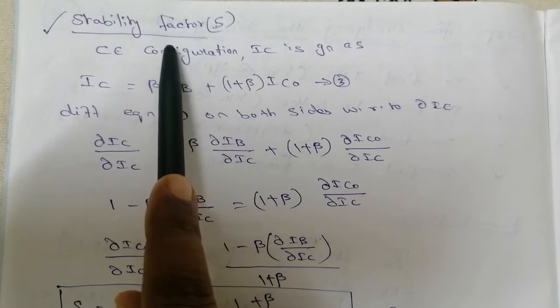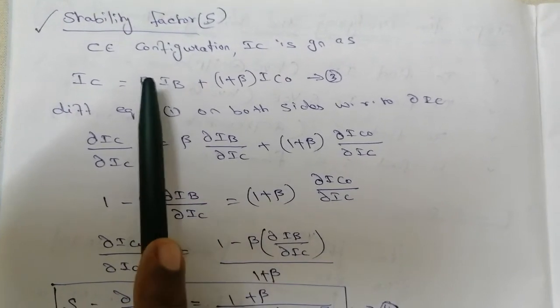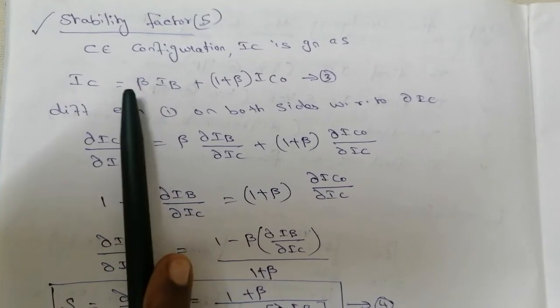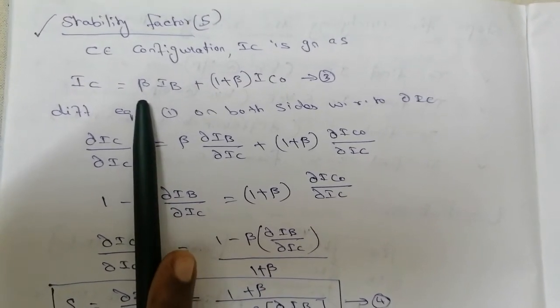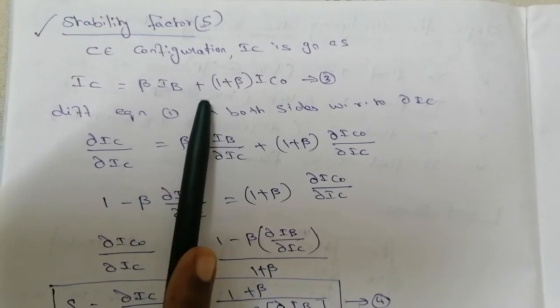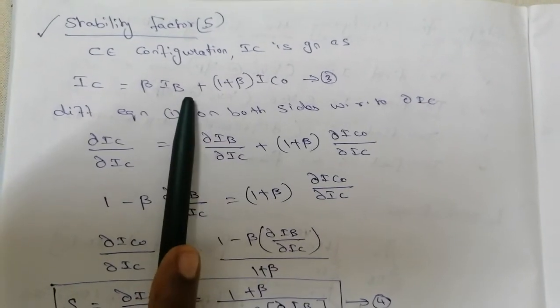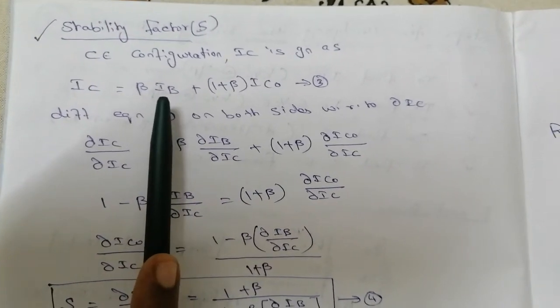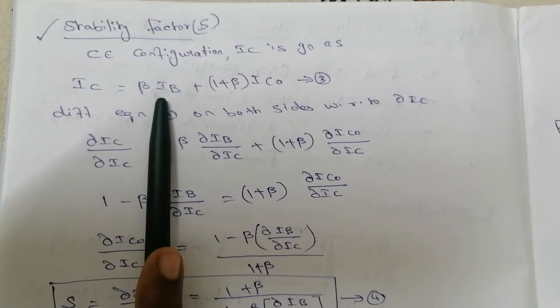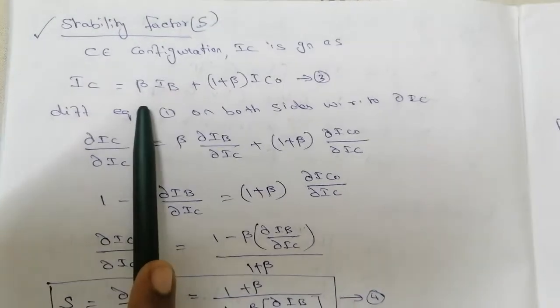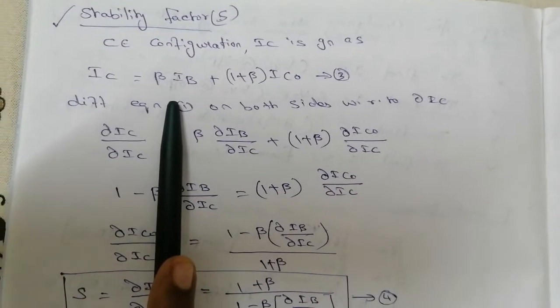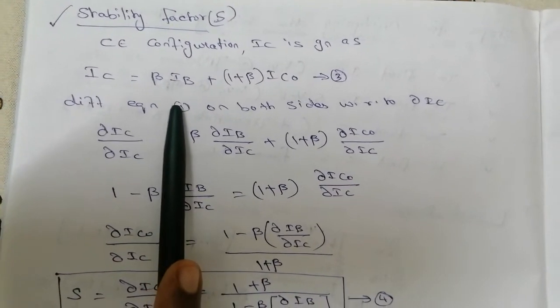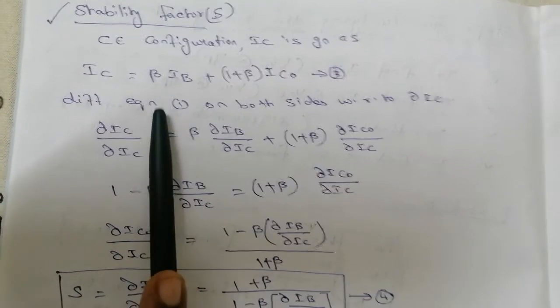So the next part is the stability factor. For designing a biasing circuit, we have 4 steps. The first step is to find the base current by applying KVL at the input side. The second is to find the collector current by applying KVL at the output side. Then to find the stability factor. Why do we need the stability factor? In any circuit, if the stability factor is a very low value, then the circuit has better stabilization.